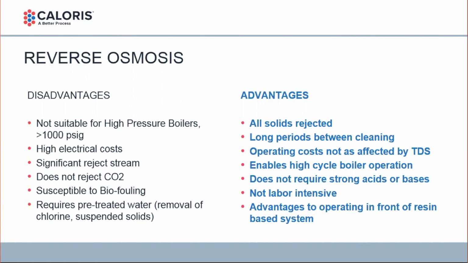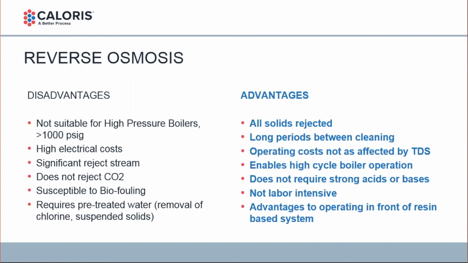It does not reject carbon dioxide. It's susceptible to biofouling, and it requires pre-treated water. So if you have free chlorine in your water, you're going to have to remove that, and suspended solids you're going to have to remove too. You definitely don't want to have a lot of suspended solids.